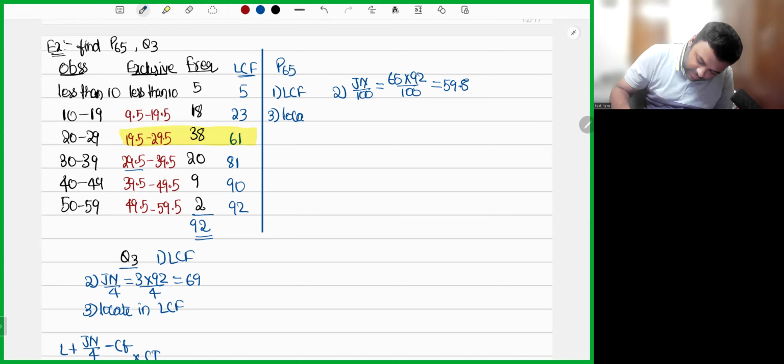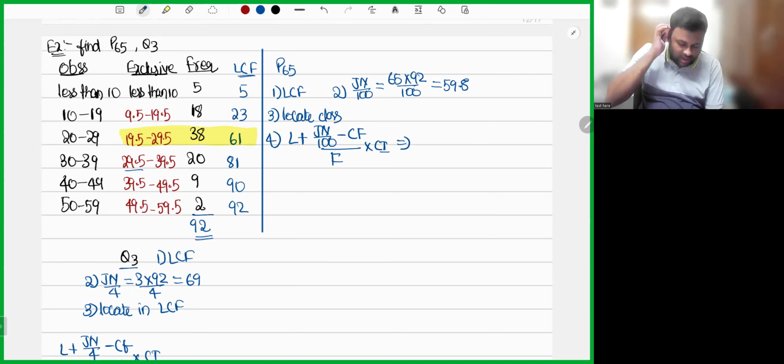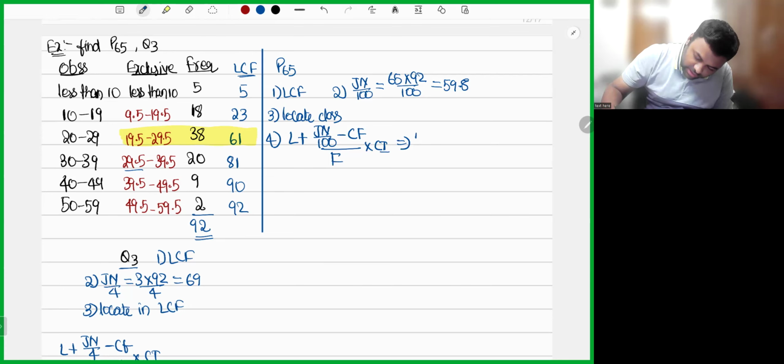Locate the class. Now what is the fourth step, my dear friends? L plus Jn by 100 minus cumulative frequency of previous class, divided by frequency of same class, into class interval. L, lower class boundary, is 19.5. Jn by 100, 59.8. Cumulative frequency of previous class, 23.